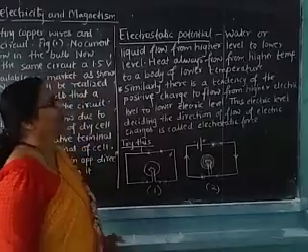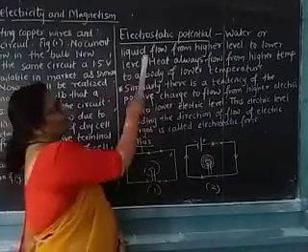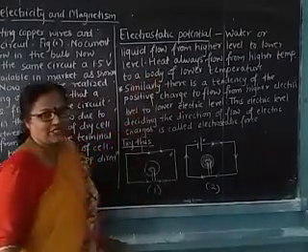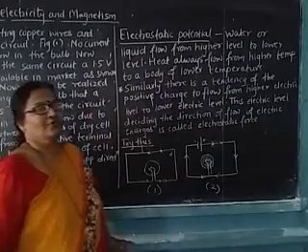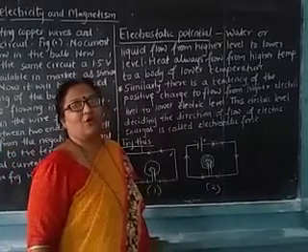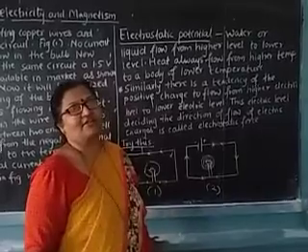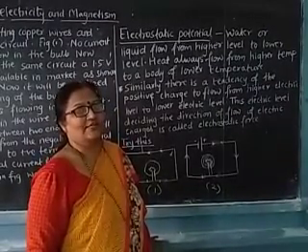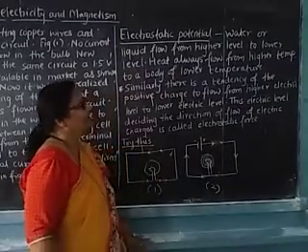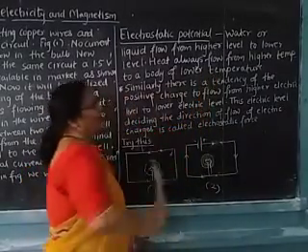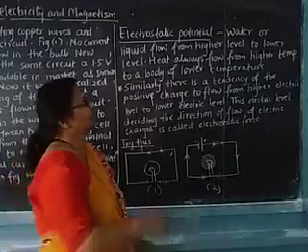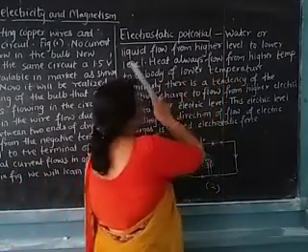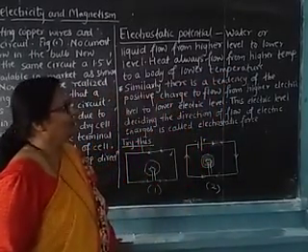Now, the next point we are going to study is nothing but electrostatic potential. Now we know that water is flowing. As water is liquid, it flows from one place to another. That means water or any liquid flows from a higher level to a lower level.